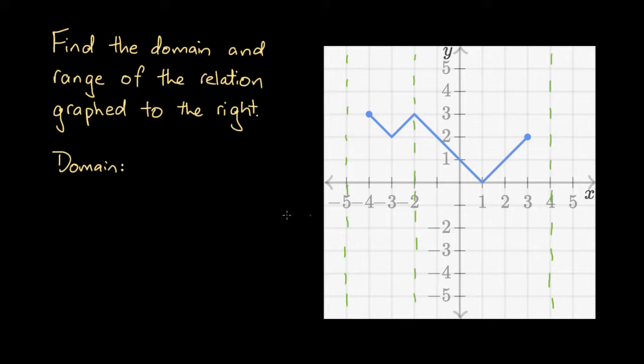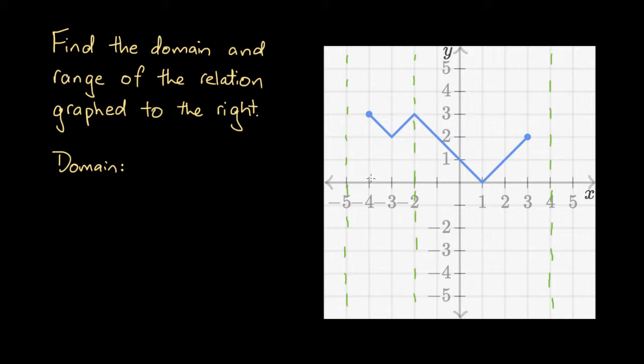Well, if we were to continue this process, we'd soon find that all x values less than x equals minus 4 wouldn't yield any valid y outputs, so they wouldn't be possible inputs for this relation. And similarly, all the x values greater than 3 wouldn't yield any y outputs, so they wouldn't be valid values either.